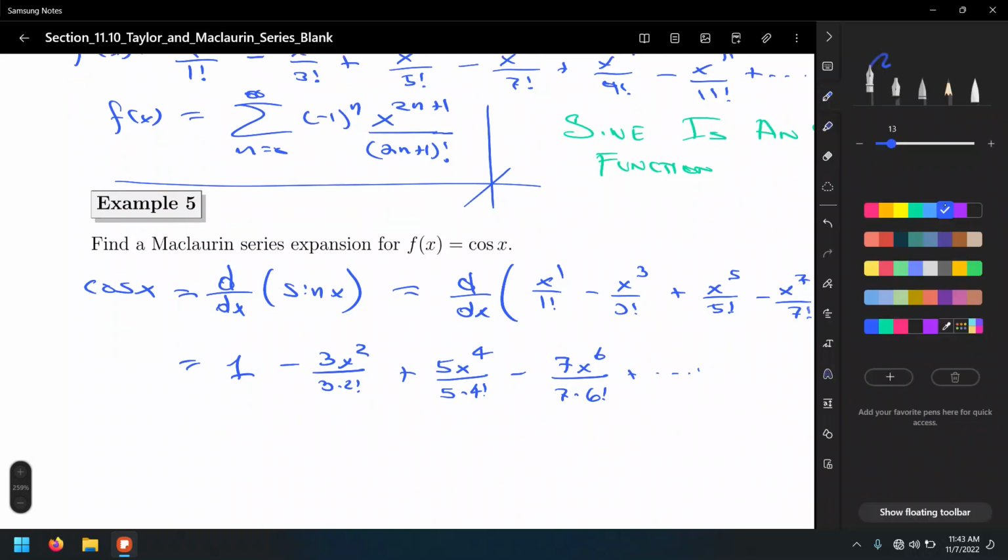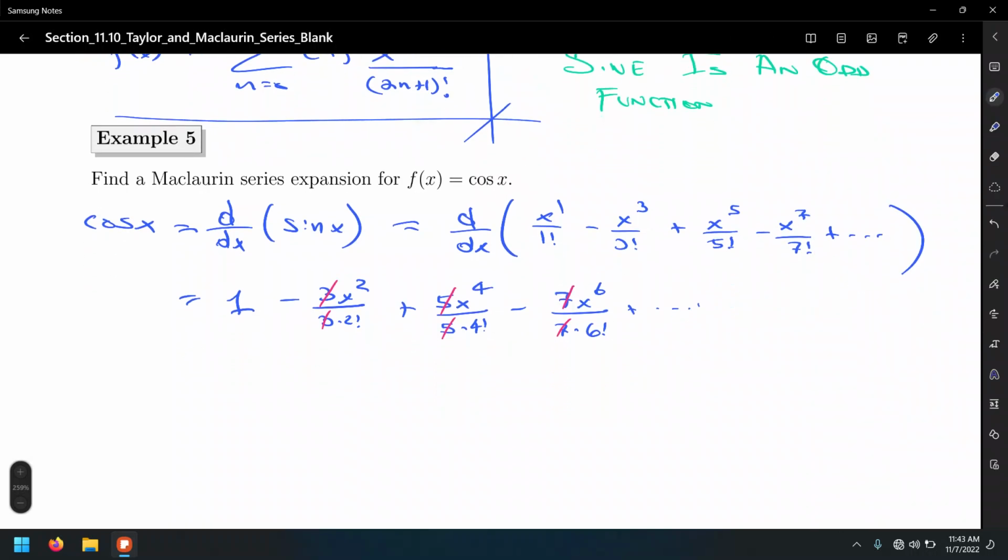And let's simplify some of the coefficients: 3 and 3, 5 and 5, 7 and 7. That's going to leave us with the following. 1 minus x squared over 2 factorial plus x to the 4th over 4 factorial minus x to the 6th over 6 factorial plus the pattern continues, x to the 8th over 8 factorial minus x to the 10 over 10 factorial.